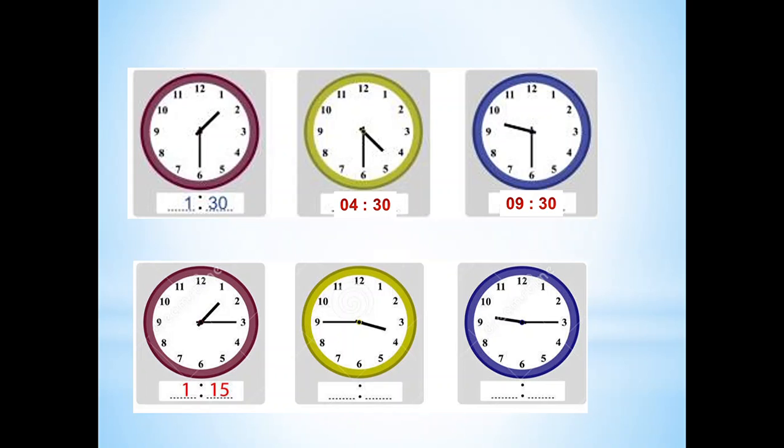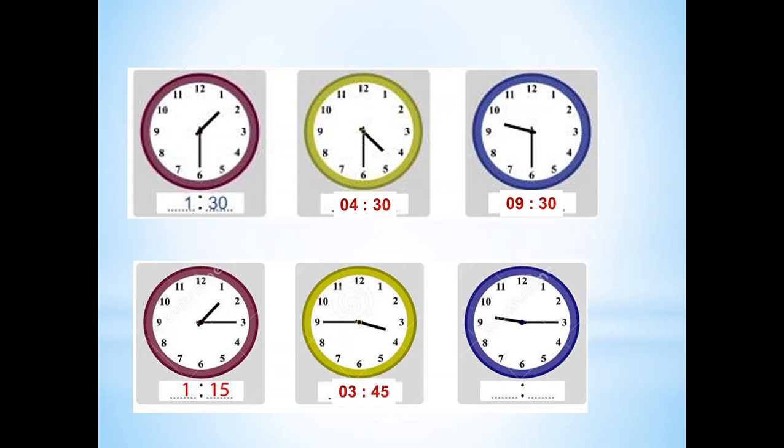So I will write 3 and how many minutes? Let's count by 5 from 1 to 9: 5, 10, 15, 20, 25, 30, 35, 40, 45. So the long arm is on 45 minutes.